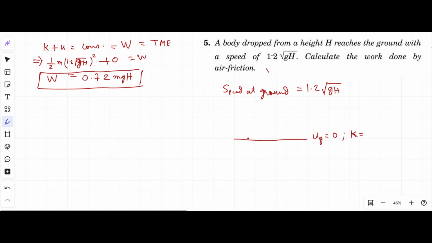Now what is the question asking us to do? The question is asking us to calculate the work done by air friction. How do we do that?